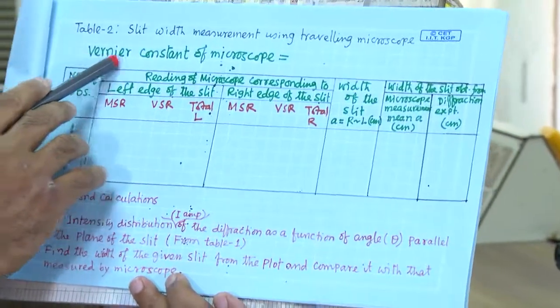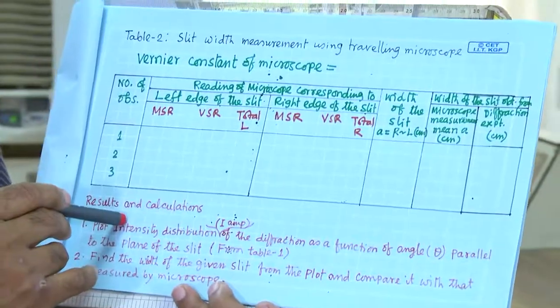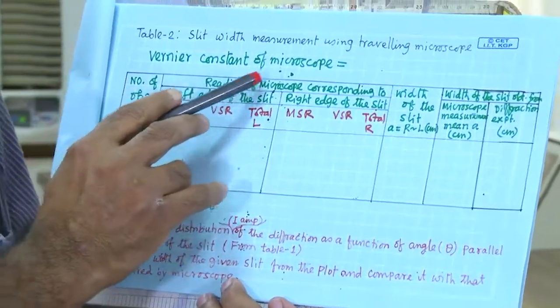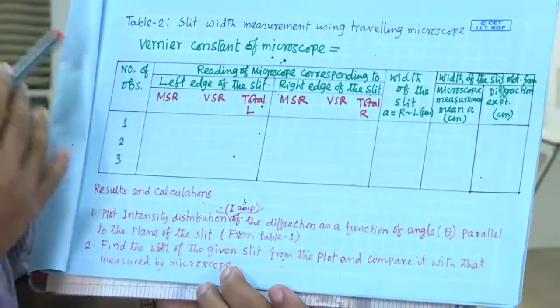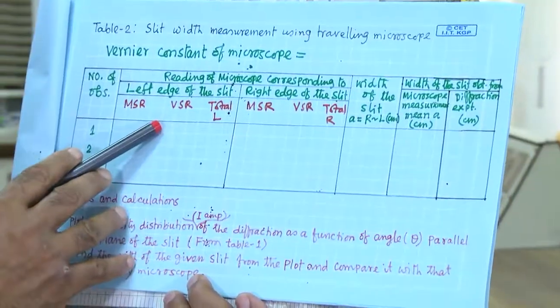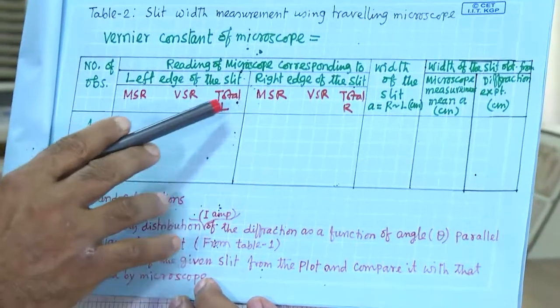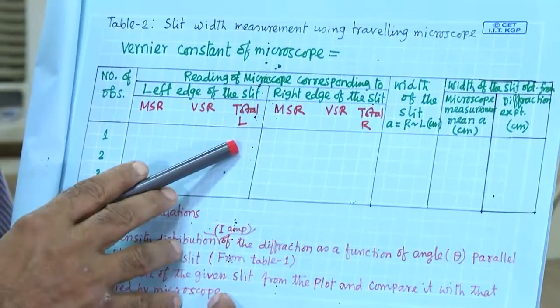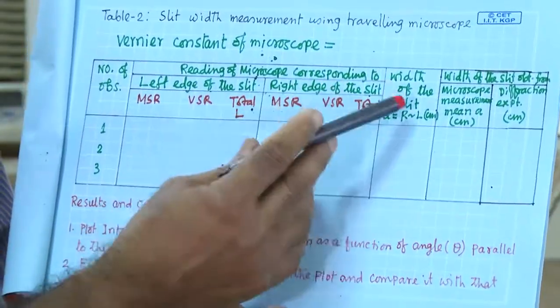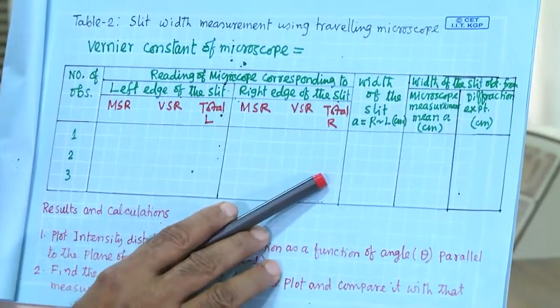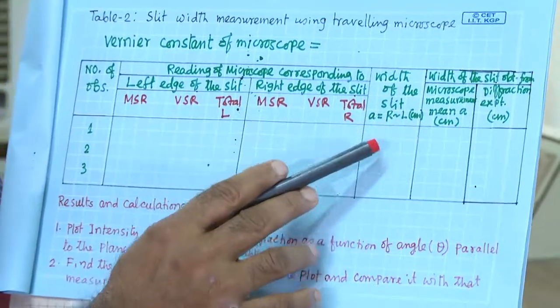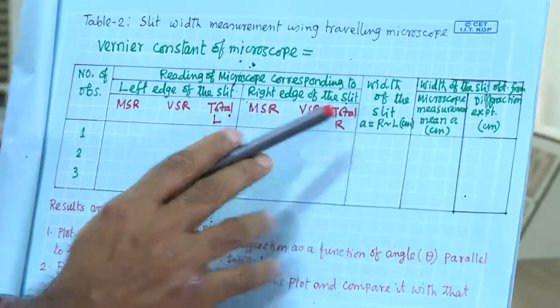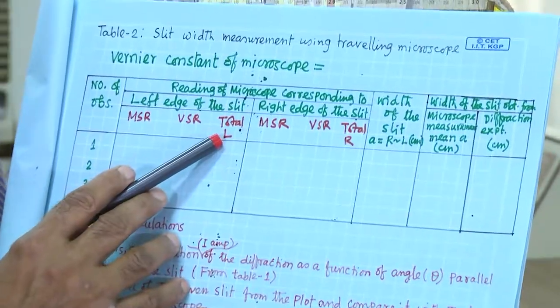We will note down the vernier constant of the microscope, and then we will take the reading of the microscope corresponding to the left edge of the slit, main scale reading plus vernier scale reading total, say it is L. Similarly, for the right edge of the slit we will note down the reading, and then the width of the slit is basically a equal to R minus L. Okay.